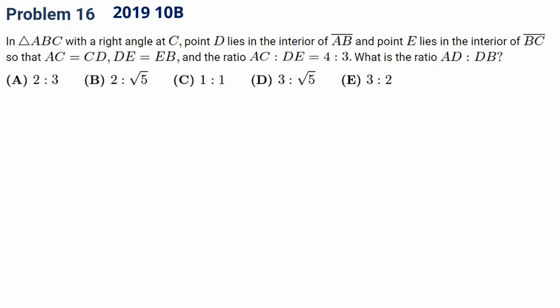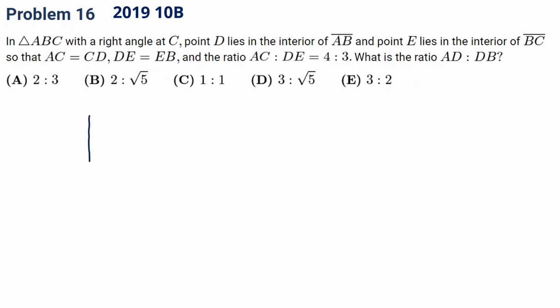Okay, the next one comes from 2019 10B, problem 16. Let's pause the video and think about it. Okay, let's come back. So we first need to draw this graph.